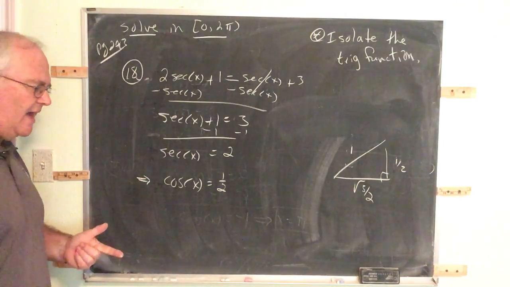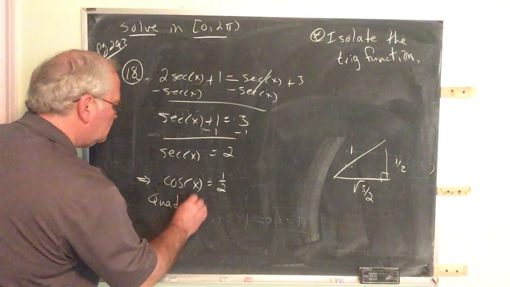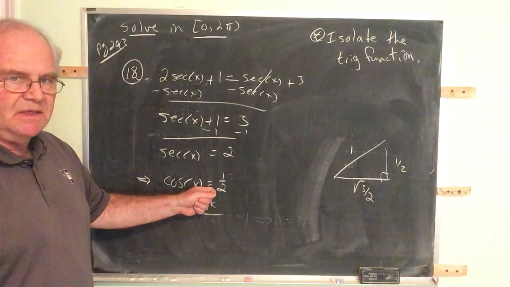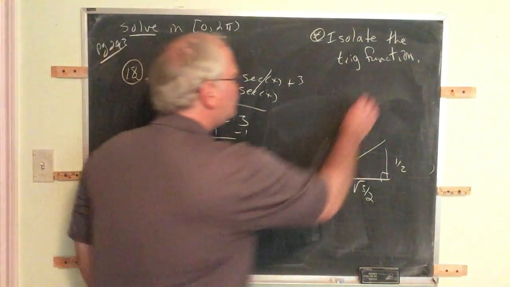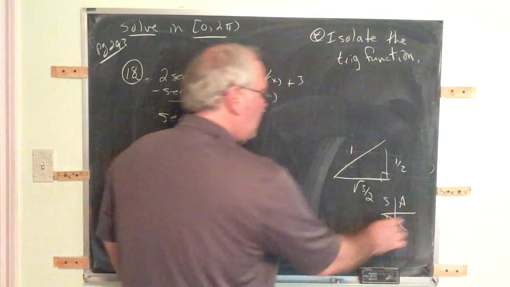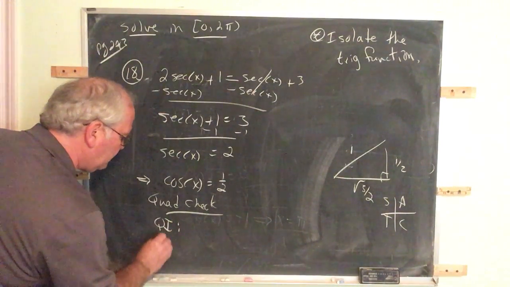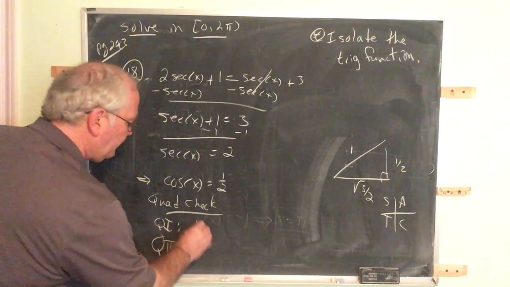And so now we're doing the same process as before. Quadrant check, reference angle. All we want is when is cosine positive. Cosine is positive in quadrants 1 and 4. So we have a quadrant 1 solution, quadrant 4 solution.